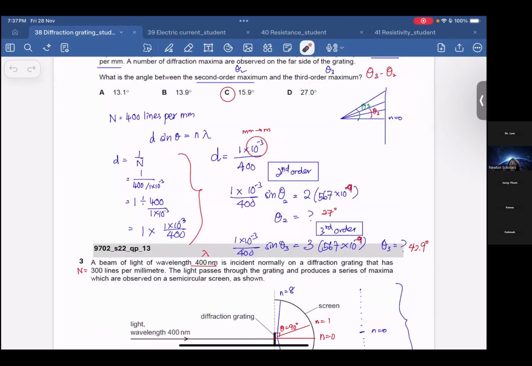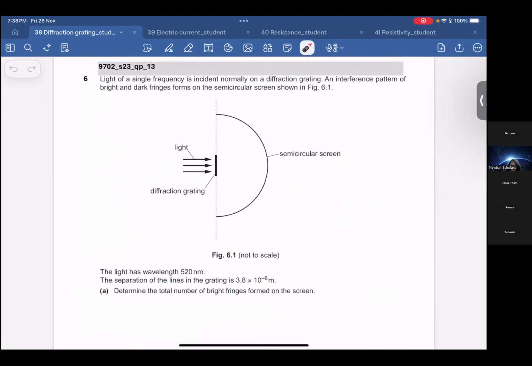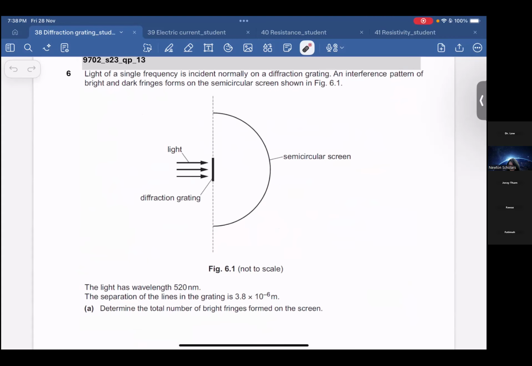Okay, so we come back to your page number 6, where we stopped that day. The light of a single frequency is incident normally on a diffraction grating, and an interference pattern of bright and dark fringes forms on the semicircular screen.